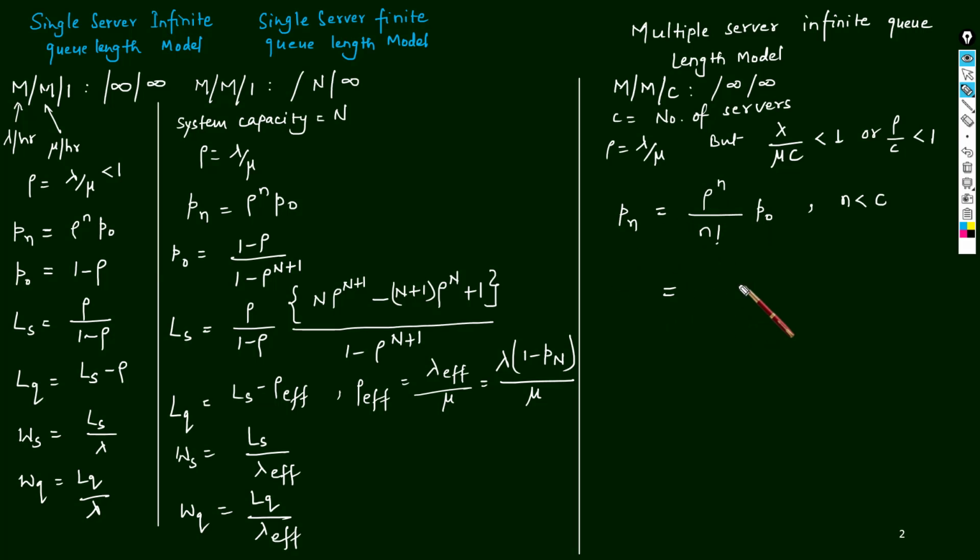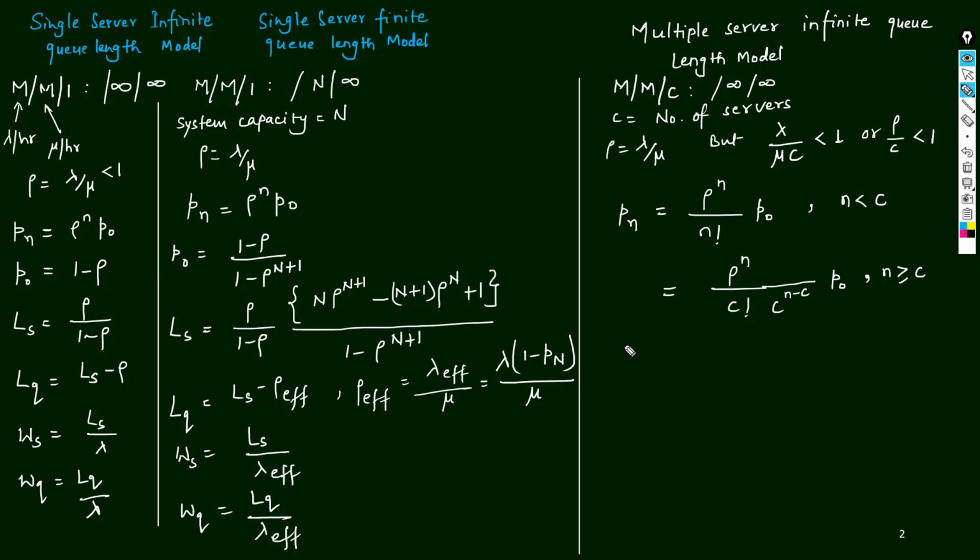And it is equal to rho to the power n by C factorial into C to the power n minus C into P naught, when n is greater than or equal to C. So this is the Pn value.